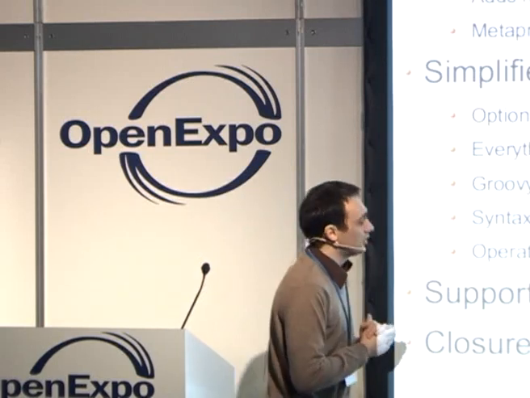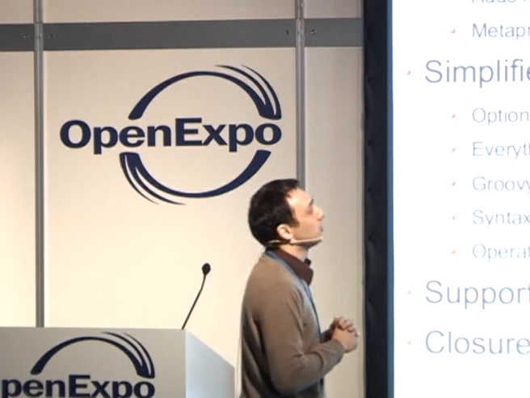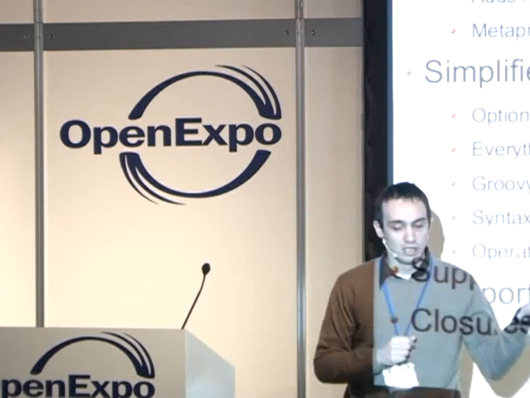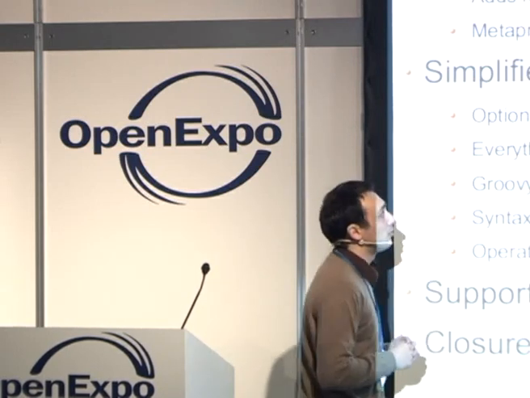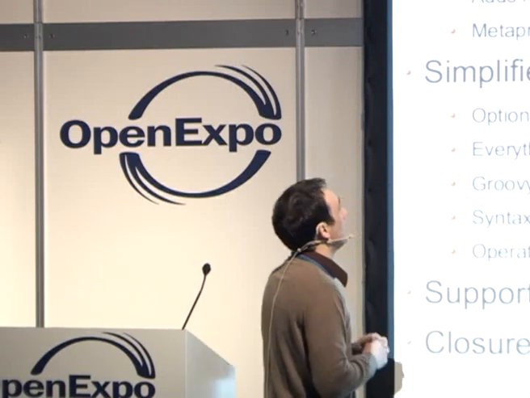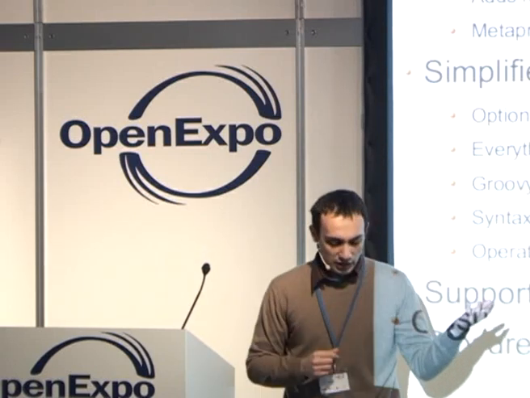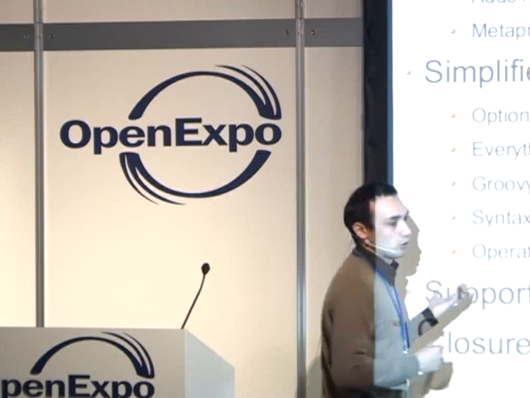Okay, it takes some good ideas from other dynamic languages like Python, Ruby, and Smalltalk, and it has some interesting metaprogramming features and duck typing. Dynamic means that it is not statically checked when you compile your Groovy code.